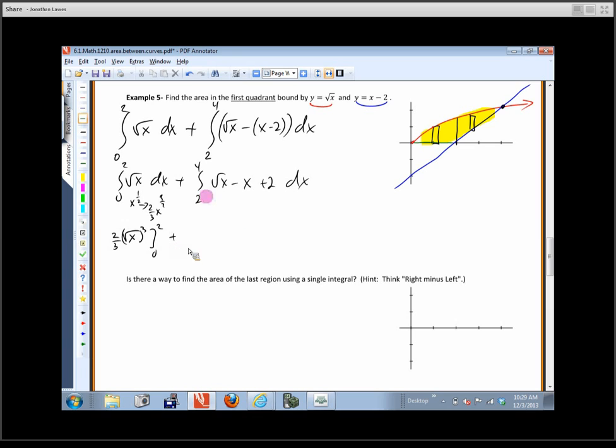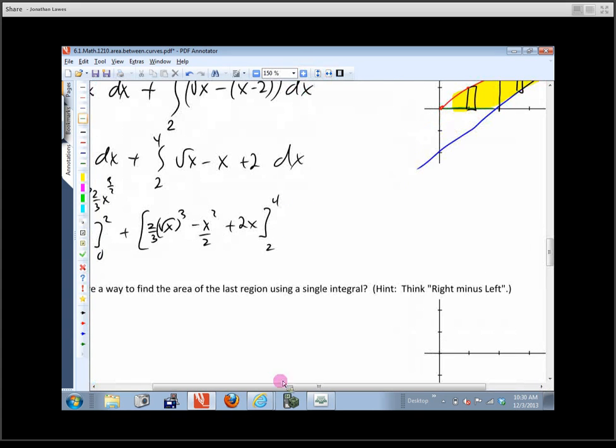Okay, then we'll do this one. This is going to be the same antiderivative, so this is going to be 2/3 square root of x cubed minus x squared over 2 plus 2x, and I'm going to evaluate that one from 2 to 4. Any questions there?